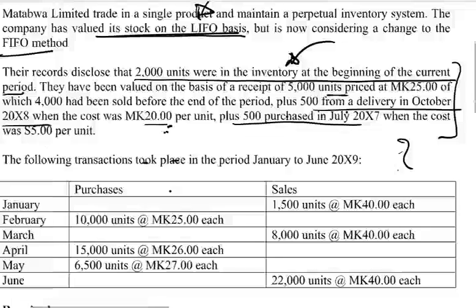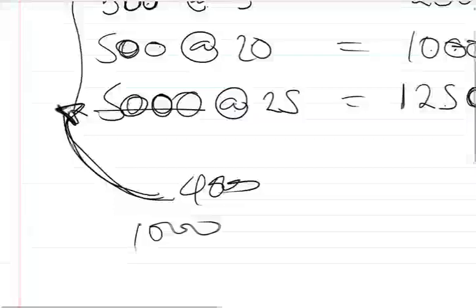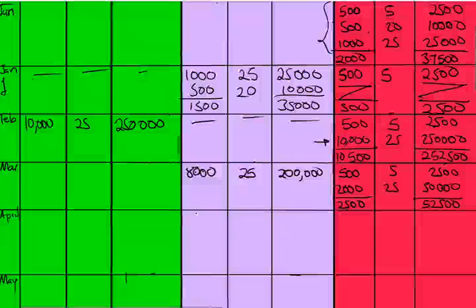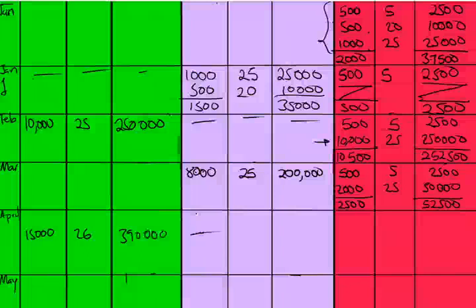In April, what happened? They purchased another consignment, 15,000 units at 26, which, when you multiply, is 390,000. No issue during the year. That means our balance will consist of the 500, the 2,000, and the new consignment of 15,000.